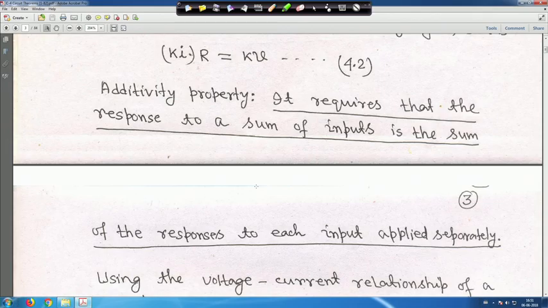Suppose at the input you have many inputs. Consider one at a time, get the output response, and add these. Now again with all the inputs applied together, get the output response; these two must be equal. That is the additivity property.